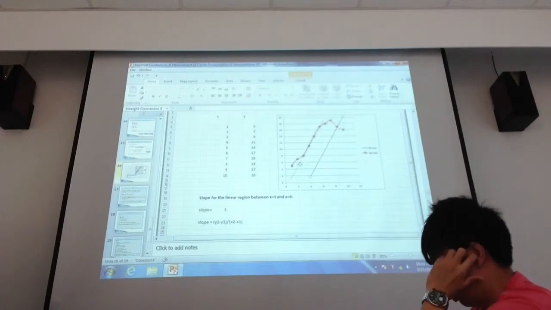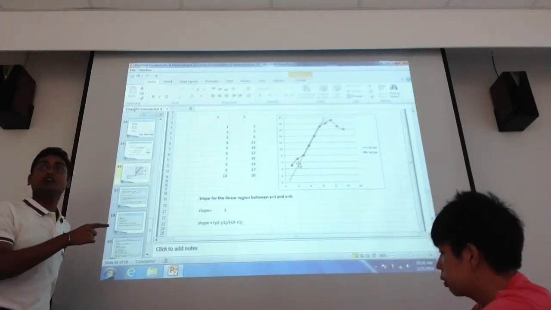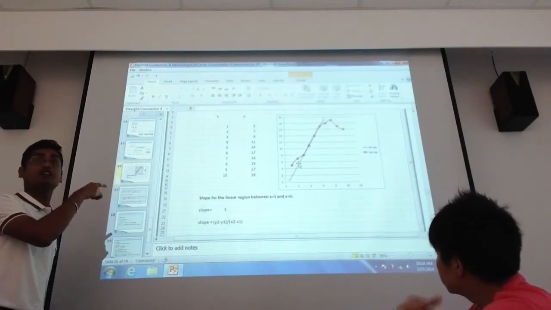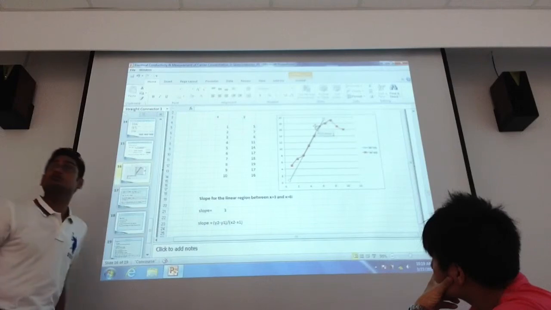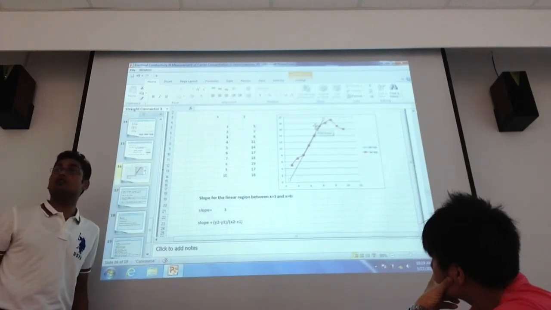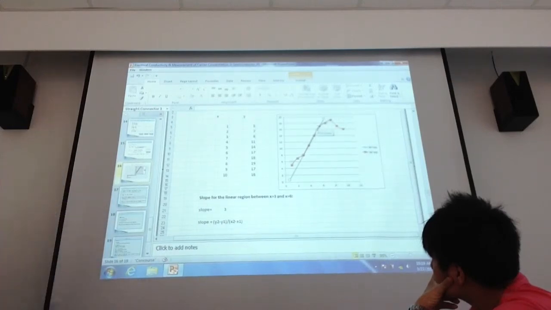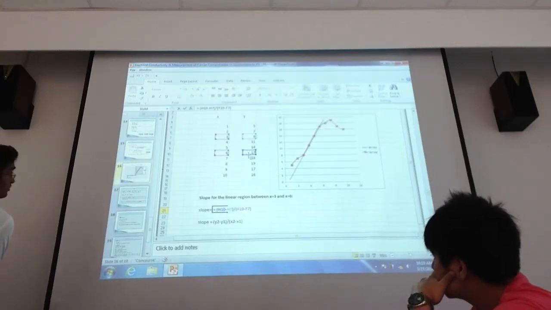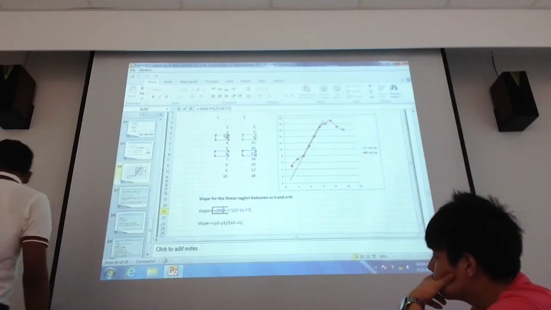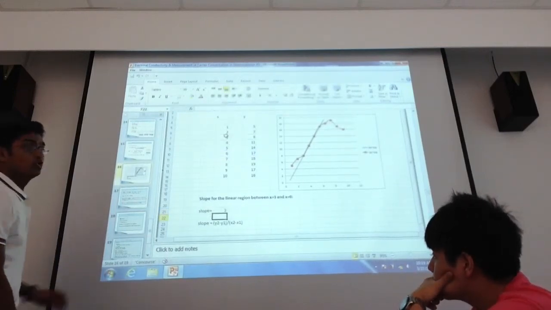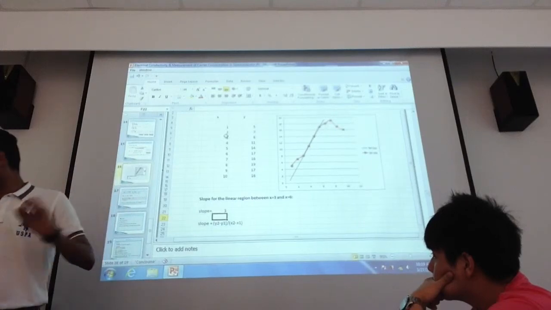You show this line in your report, that this is the region we are considering for linear fit, and then you find the slope between this and this. How do you find the slope? y2 minus y1 divided by x2 minus x1. So you see this minus this divided by this minus this. Okay, so you get a slope of 3, and then you choose the units carefully, and then find out Eg.